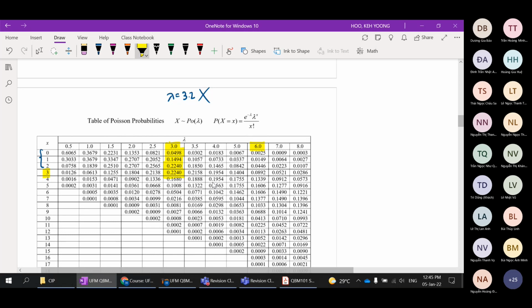More than 1 means look at 2, 3, 4, and 5. These 4 rows. You add up these 4 probabilities, then you get the answers really.